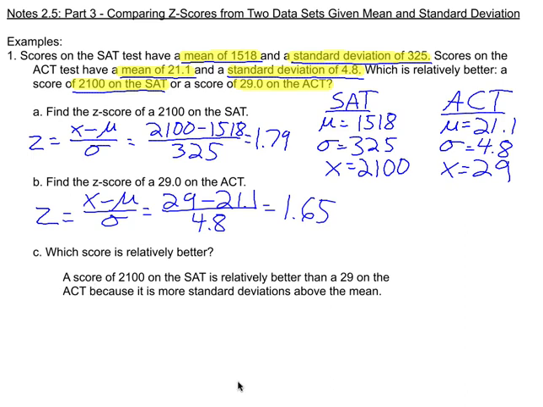A score of 2100 on the SAT is relatively better than a 29 on the ACT because it is more standard deviations above the mean. Okay? When we are writing our responses to a question like this, we want to state something about the standard deviations and mention the mean.